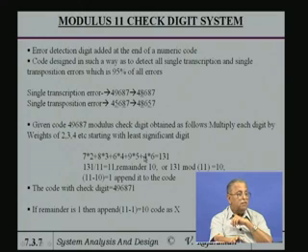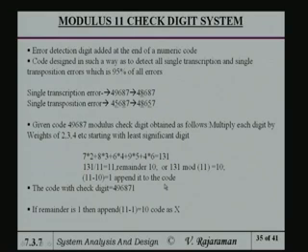I start with the least significant digit, multiply by 2, next digit multiply by 3, next by 4, next by 5, next by 6, add all of this, and I get 131. Divide 131 by 11, I get a remainder of 10. So 131 mod 11 is 10. So append 11 minus 10, which is 1. So 11 is the number I picked.